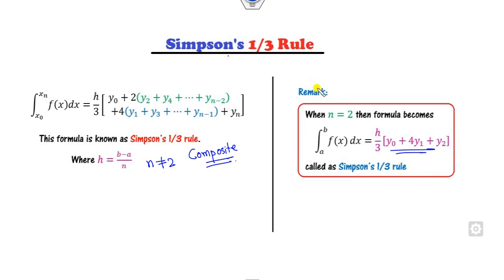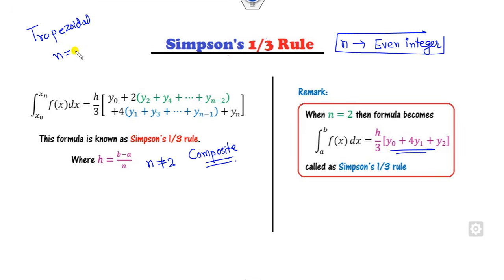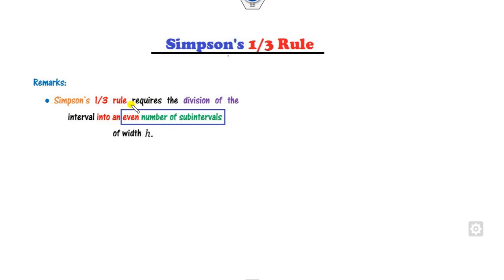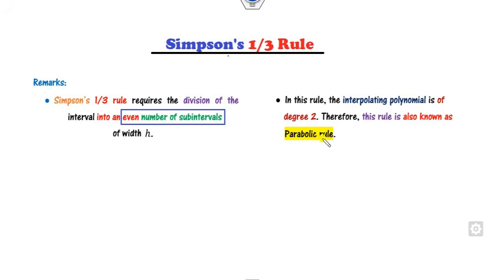Make sure whenever you are using this, you have to take n as an even integer always. However, when you are working on the trapezoidal rule, as we discussed in our last lecture, n can be any value. But whenever you are working on the Simpson 1/3 rule, n must be an even integer, that is, an even number of subintervals. This method is also called the parabolic rule, because its degree is 2.